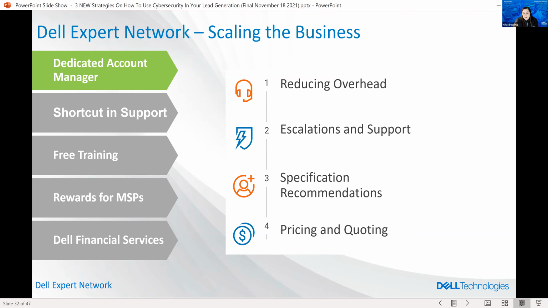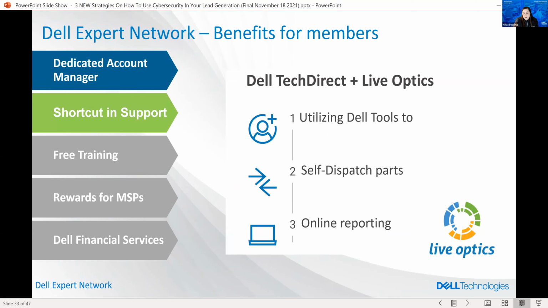Moving on to the second, you kind of get two in one here. You get access to our Dell Tech Direct tool and our Dell Live Optics tool. This is where I was going back to demo day. If you'll be joining that, I will actually jump into these tools and give you a live look at them, so that you can see what Dell Tech Direct is.